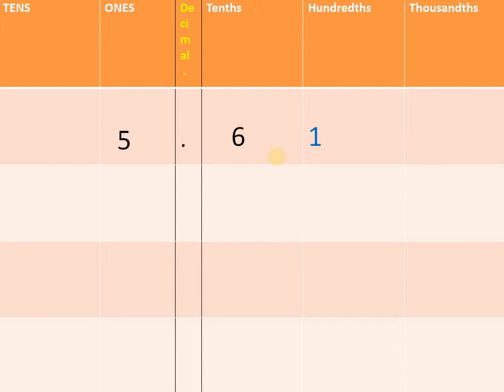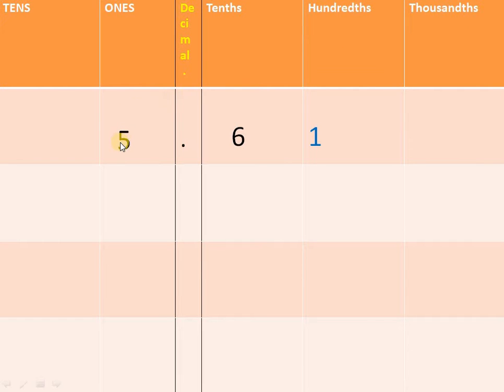Next, part B in front of you, 5.61. Similarly, you have to find the place value of the colored digit. Here you have the place value chart: ones, decimal, then tenths, hundredths, thousandths.